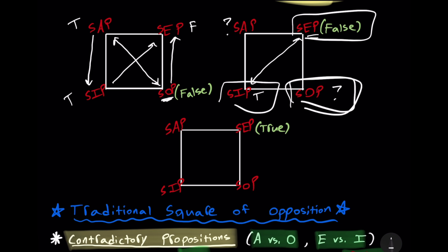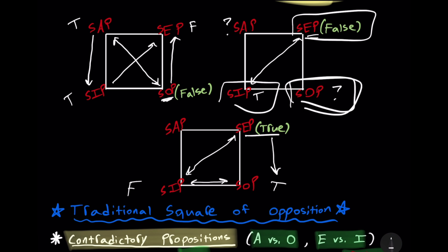Finally, consider SEP as true. Well, again, let's just think about the strongest type of opposition, SEP versus SIP. So if E is true, I is false. By subcontrary relationship, if I is false, O is true. But we also know by alternate relation that if E is true, O is true.